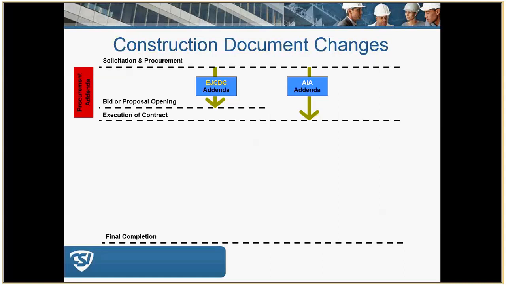That's particularly important to note because EJCDC documents are often used for civil work, which is more than likely publicly funded. The AIA documents, note, are often used for private projects. And so, again, like I said before, there can be changes up through the execution of the contract.